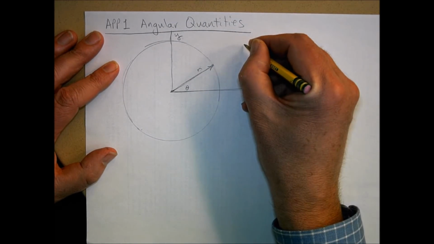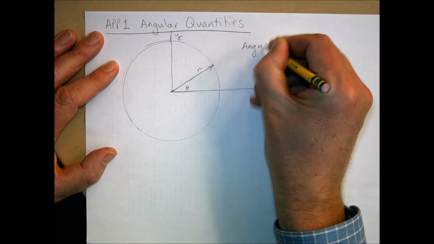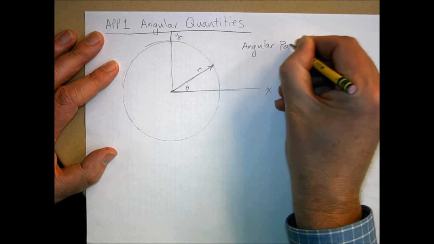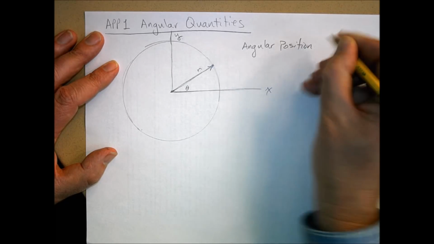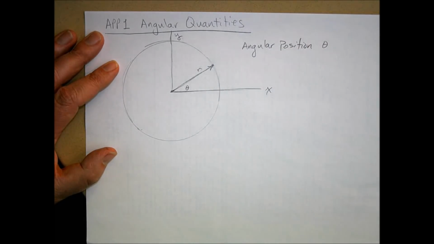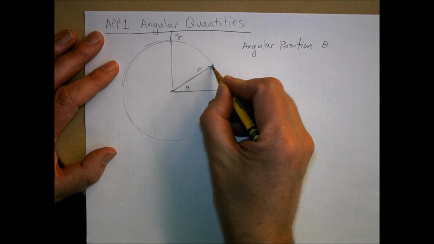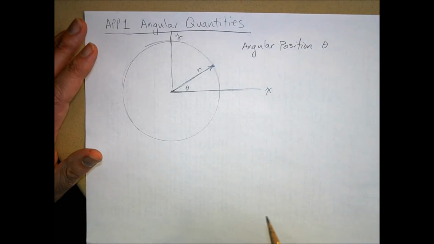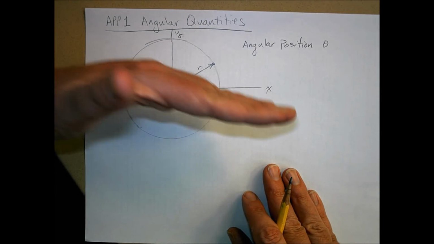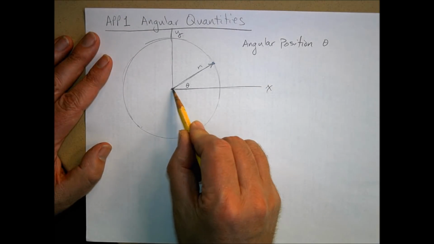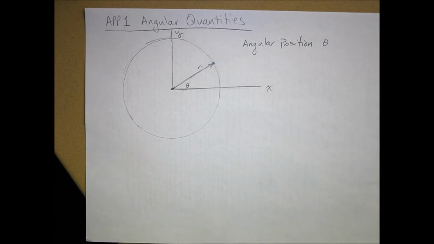This is going to be the angular position, theta. And it's just where it is in terms of how far it rotated from some arbitrary positive x-axis.